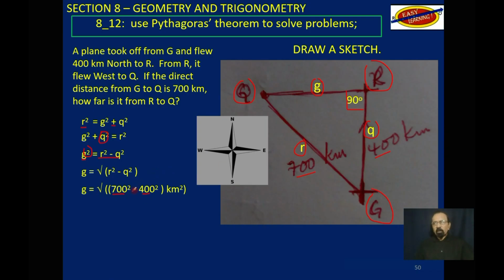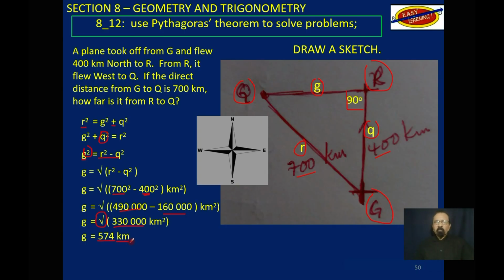You can enter all of that in your calculator and get an answer, but I will show you the steps. The square of that is this, and the square of that is this. Now we're going to subtract this from that, which gives us this. We still have to find the square root, which gives us 574 kilometers.